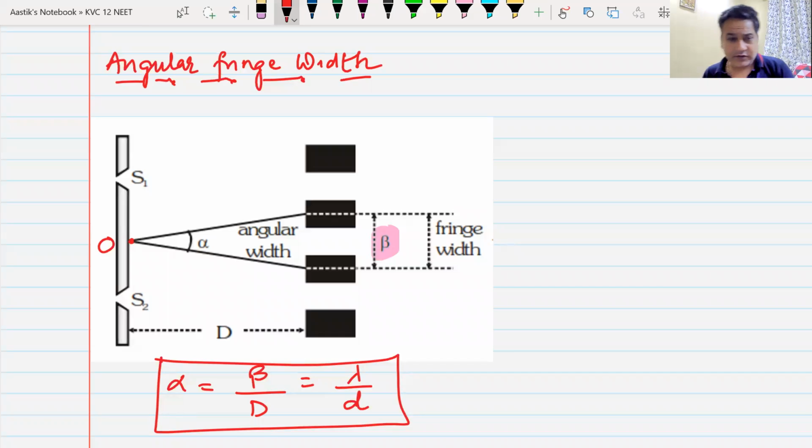What we have done today is we have seen most of Young's double slit experiment. In the next class, we will deal with the formulas and what all things are going to come into exam. And probably by the next class, we will wind up your interference, and from the next to next class we would jump on to your diffraction, and we'll try to finish your wave optics as soon as possible.